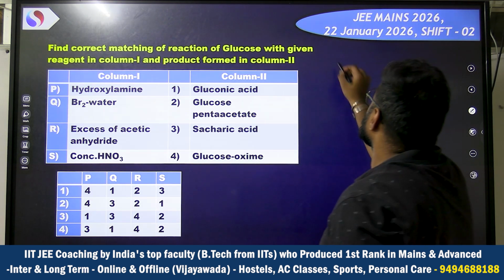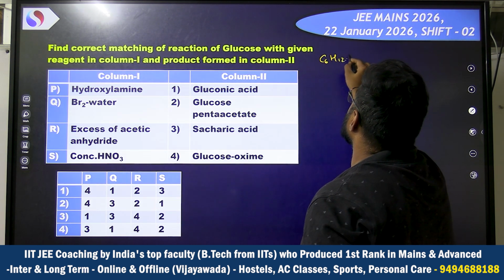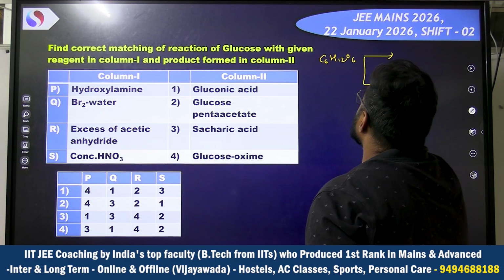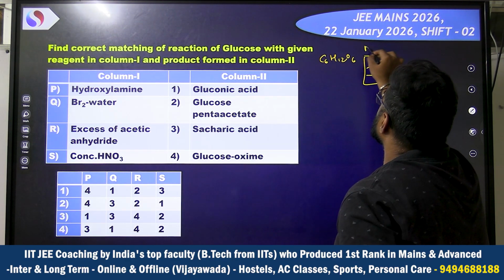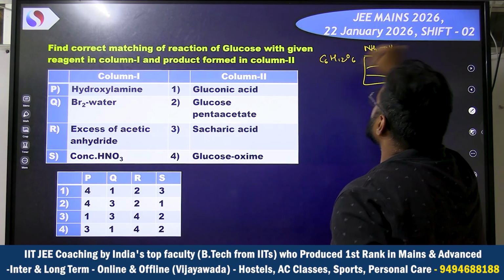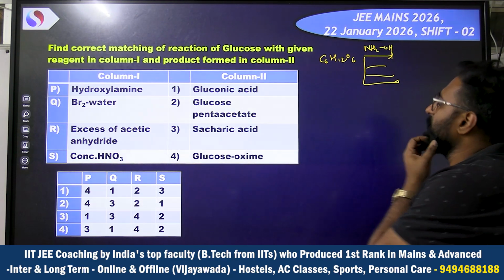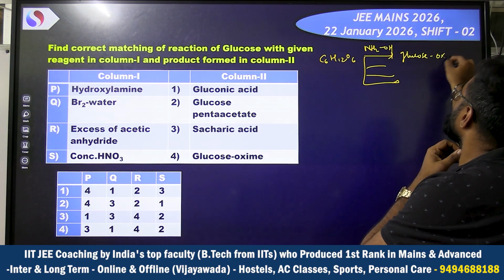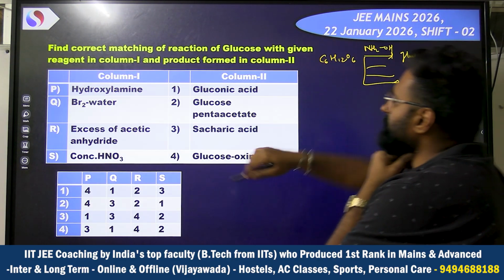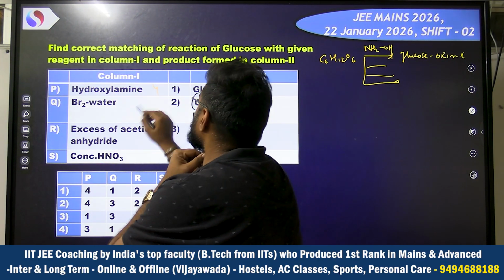Glucose C6H12O6 reacted with the following substances. Hydroxylamine, NH2OH. So what is the product? It is glucose oxime. So for P, it is fourth.